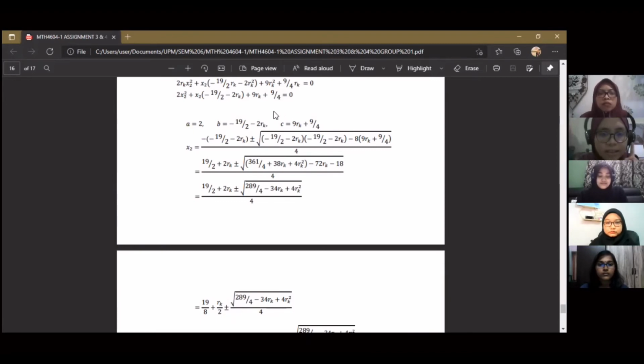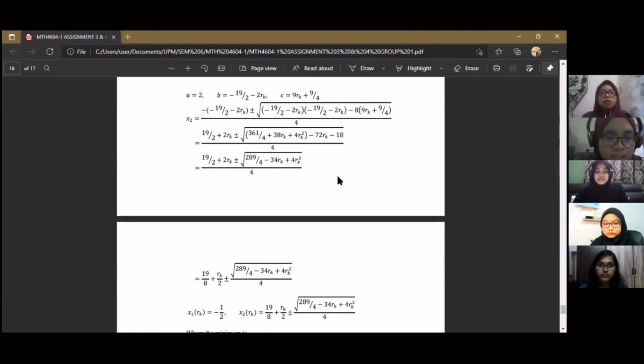What we get is 19 over 2. After we substitute the negative, it becomes positive, which is 19 over 2 plus 2RK. And then for the B squared, what we get is 361 over 4 plus 38 RK plus 4 RK squared. And for the part negative 4AC, what we get is 72 RK minus 80.